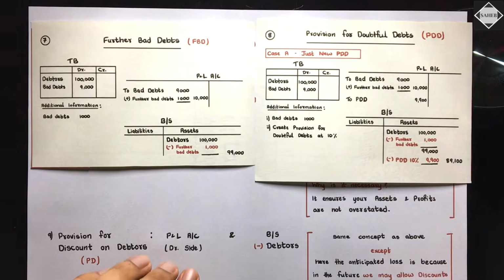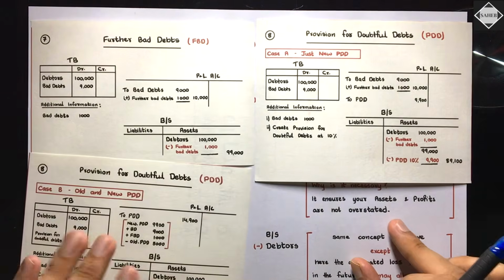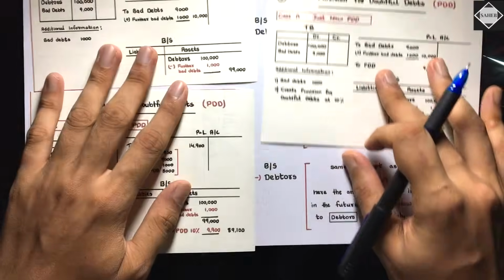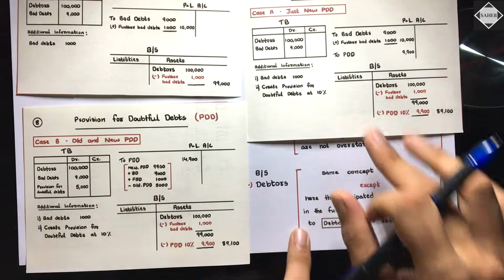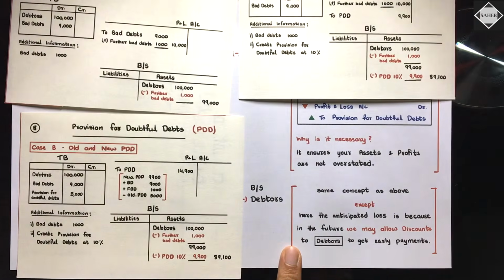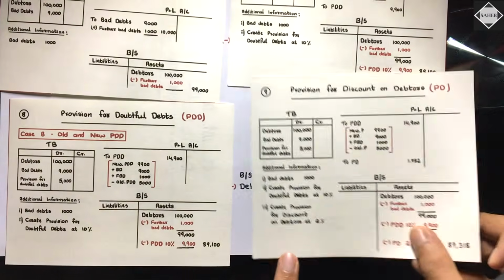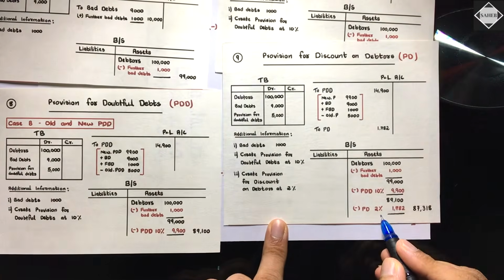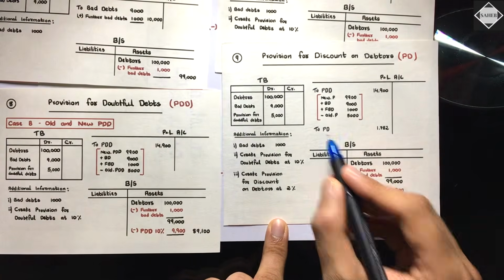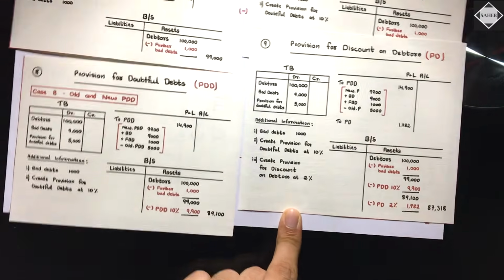There was no old provision. Then we had old provision as well. When old provision came, we had to use the shortcut. Then discount came. When discount came, we had to do the discount at last, and then separate posting of discount over here. Is it clear? Simple and straightforward.